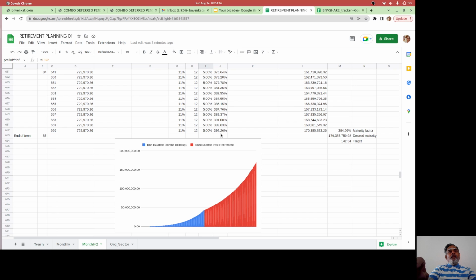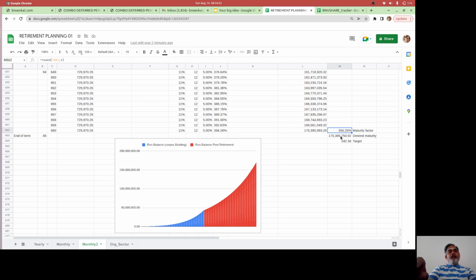Accordingly, the maturity factor differs, and it is calculated to be 394.26%. In the previous case, we had 446%. The maturity factor is the last calculated maturity factor, rounded to 4 decimal places because we are expressing it as a percentage, 3.94 times.